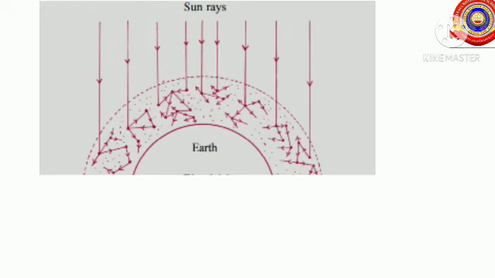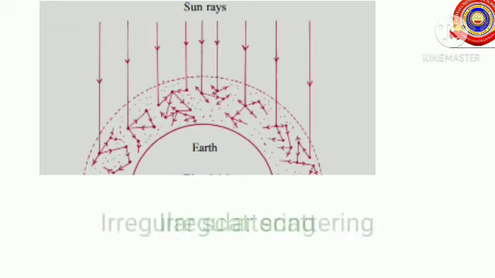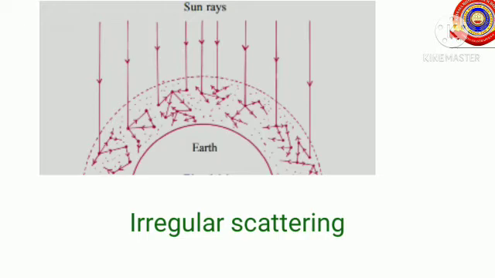Can you say here the scattering is regular or irregular? Yes, it is irregular scattering. Is the distribution of sunlight to all regions made possible by this type of scattering? Let's discuss. Light getting reflected in random directions like this is known as scattering.